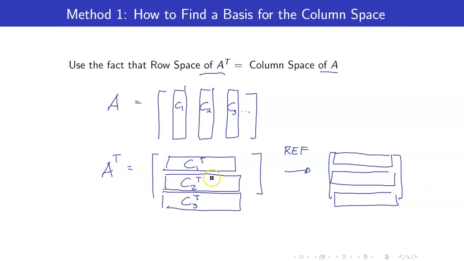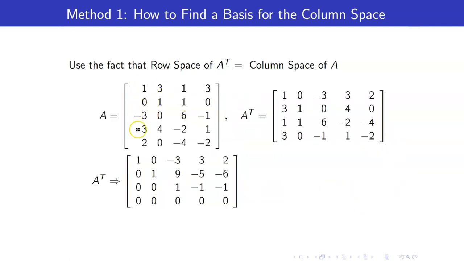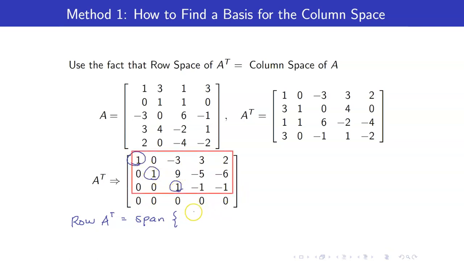How do we go back to A? We just get the transpose of these row vectors. So let me illustrate that here. This is our A, and this is our A transpose. When we get the row echelon form of A transpose, we get this matrix. So therefore, the row space of A transpose will have as basis these 3 rows over here.